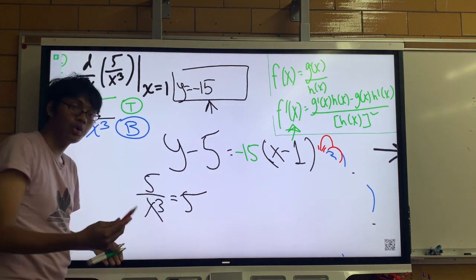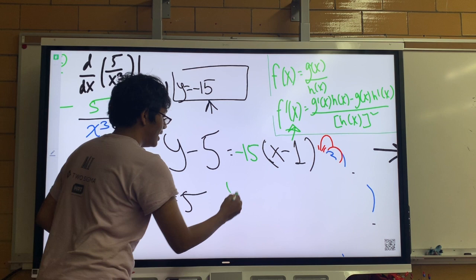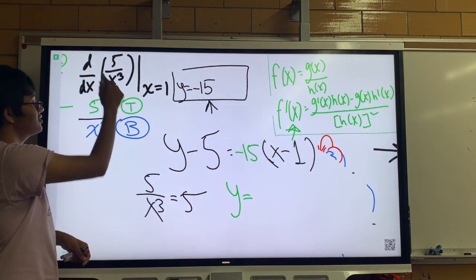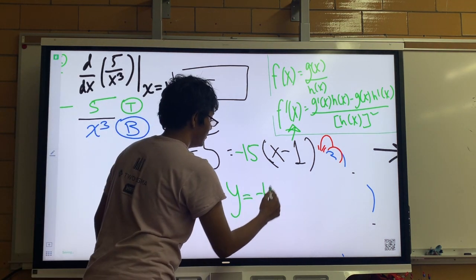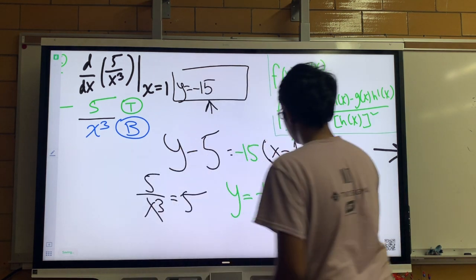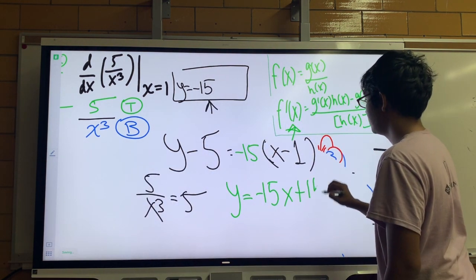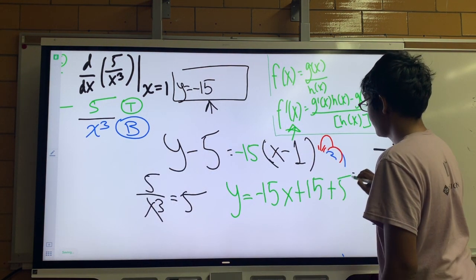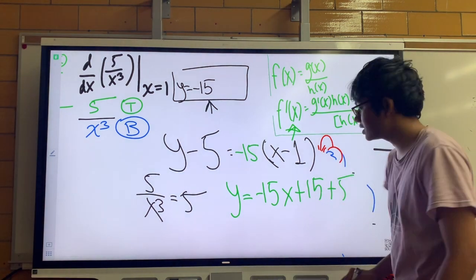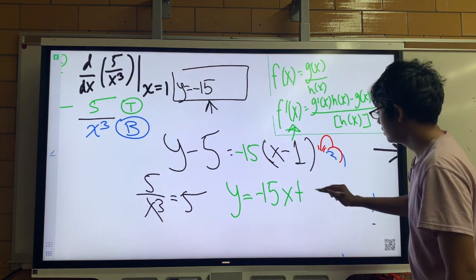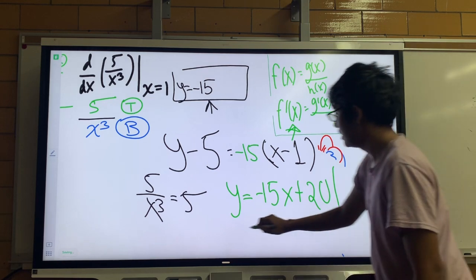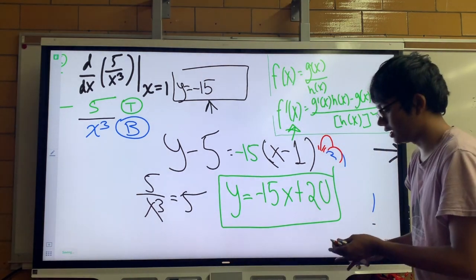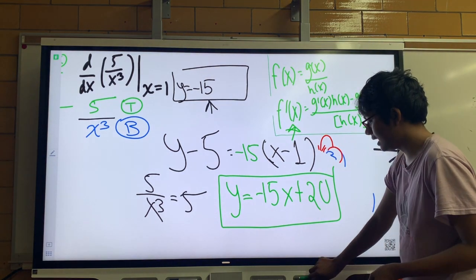And so the equation of my tangent line at x equals 1 of this function is equal to negative 15x plus 15 plus 5. 15 plus 5 is just 20. And so this is the equation of the tangent line for this function at x equals 1.